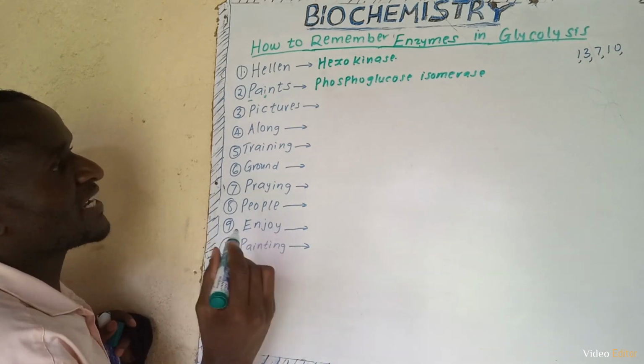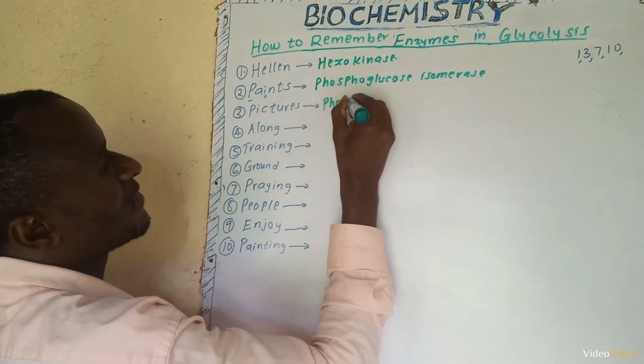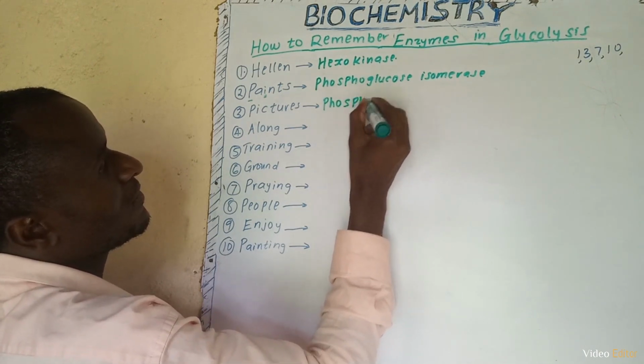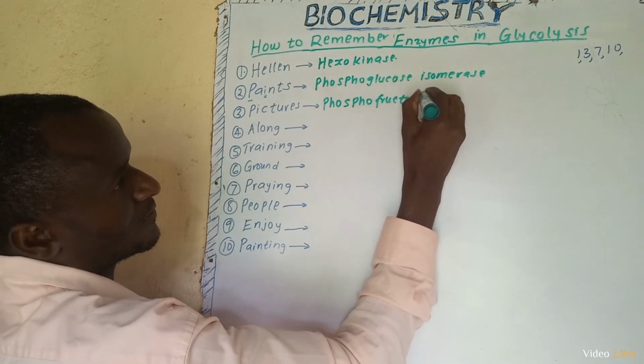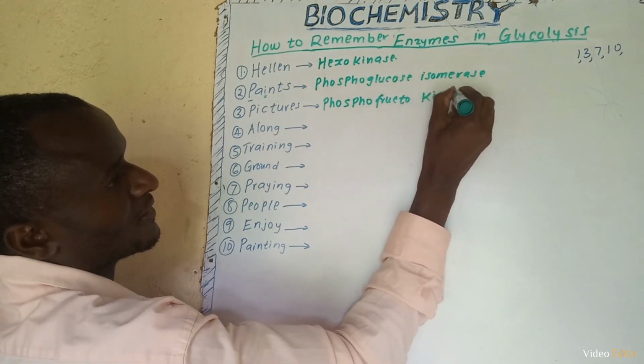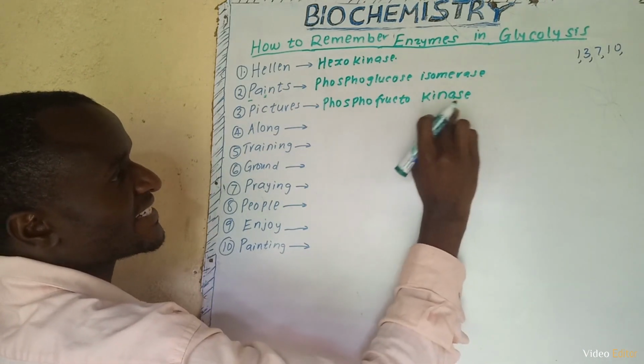Next is pictures, that is a phosphofructokinase. So you see it is step number 3, it is facilitated by a kinase enzyme.